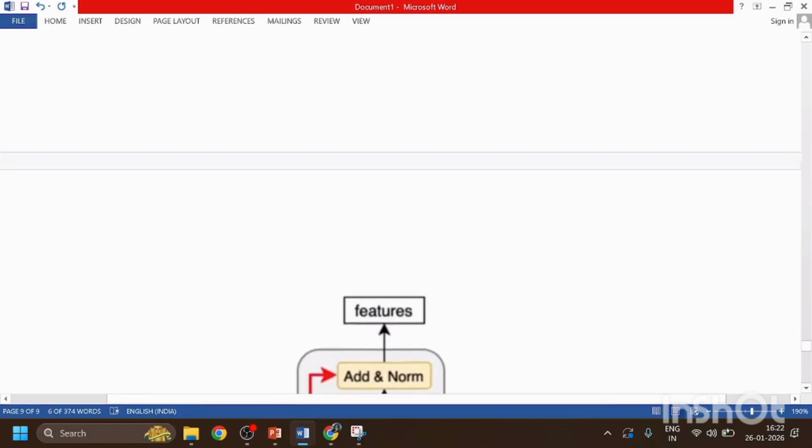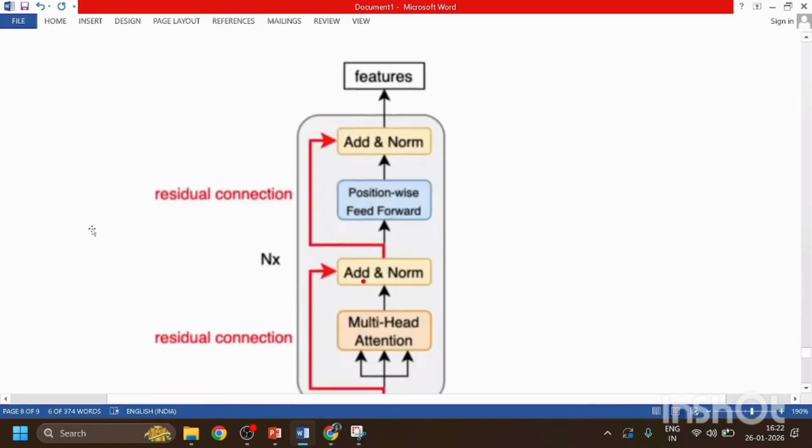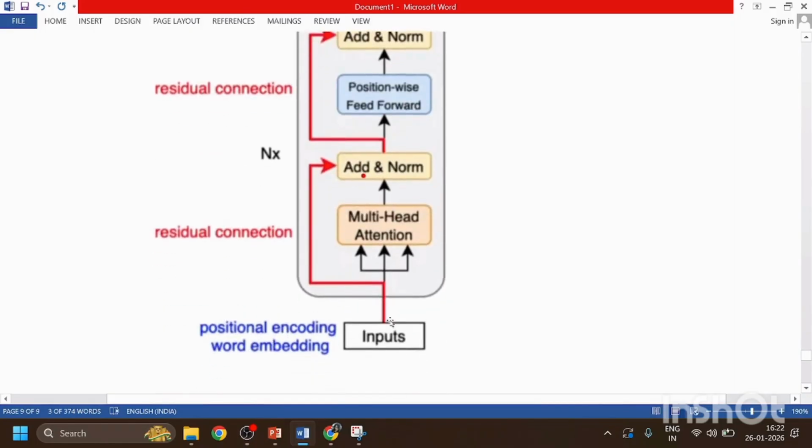After this we can see the residual connection, shown in the red line.